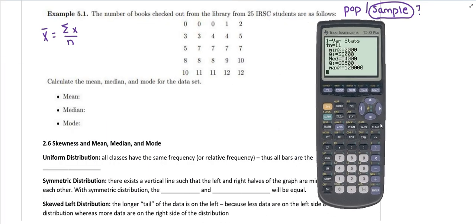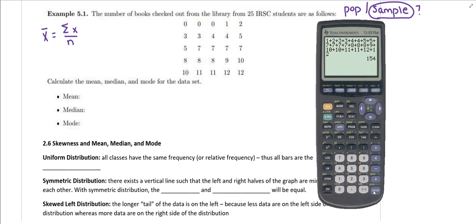All right, so we've got 0 plus 0 plus 0 plus 1, 2, plus 3, plus another 3, plus 4, plus 4, plus 5, plus 5, plus 7, 7, 7, 7, plus 8, plus 8, plus 8, plus 9, plus 10, plus 10, plus 11, 11, 12, and 12.